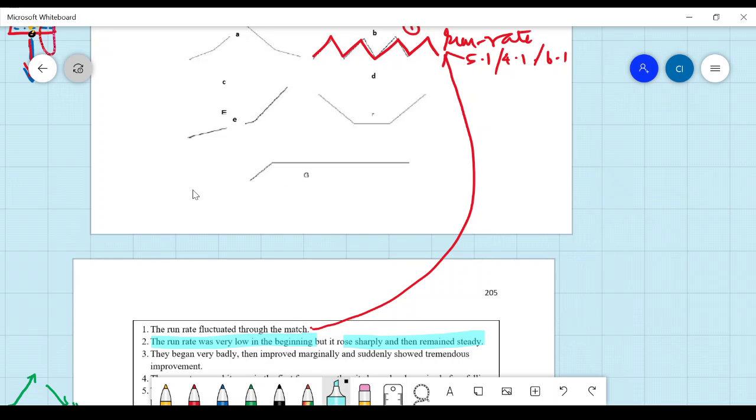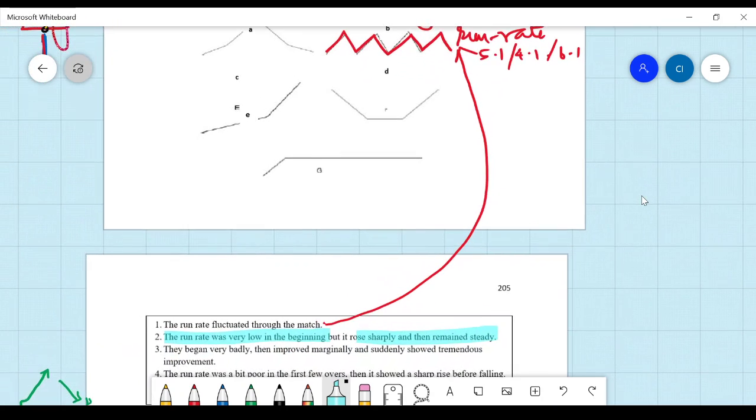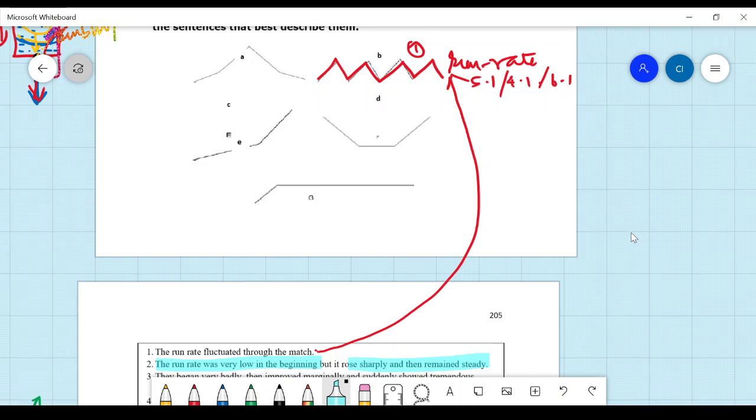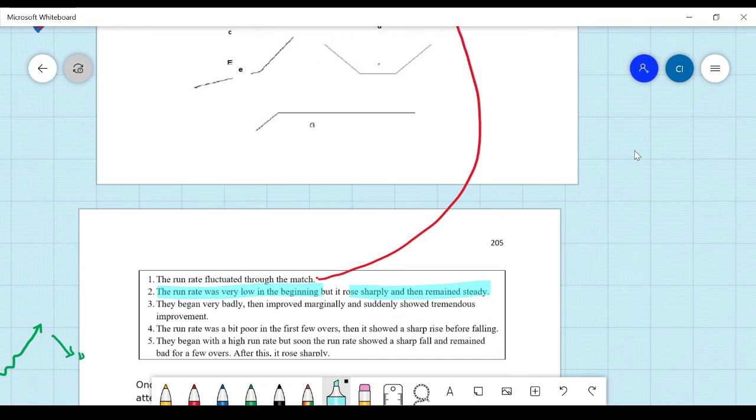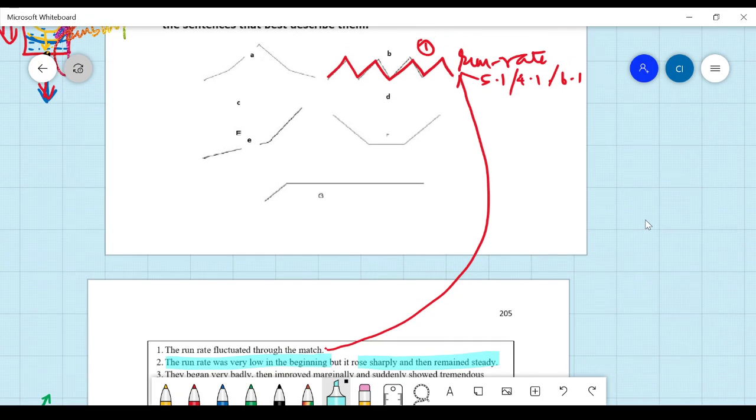Very low, so is it A or B? Yeah, in the graph, this 2 is this one. The run rate was very low in the beginning, but it rose sharply. Low at the start, then it rises up there.